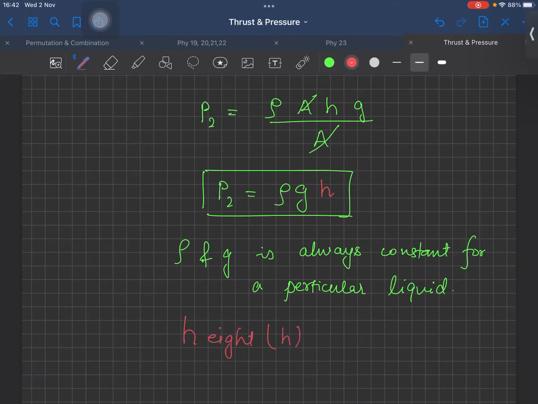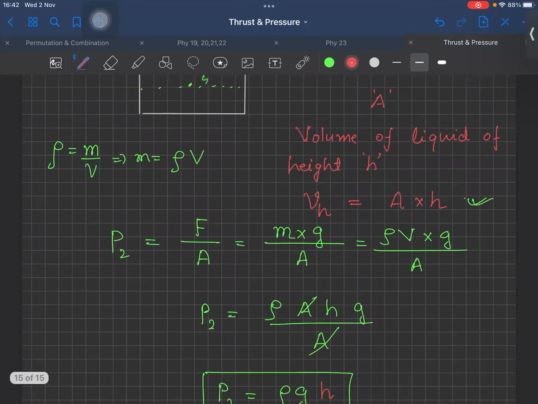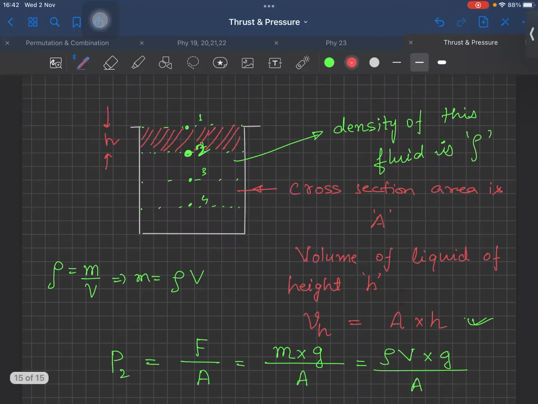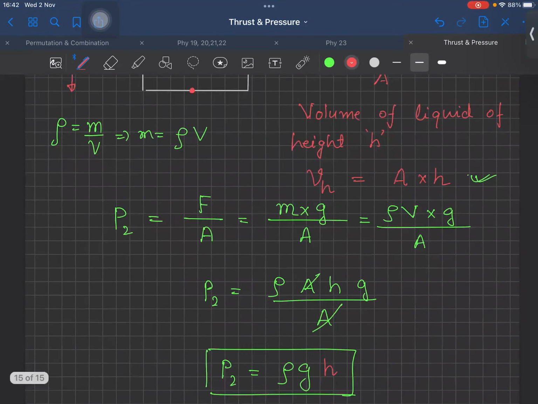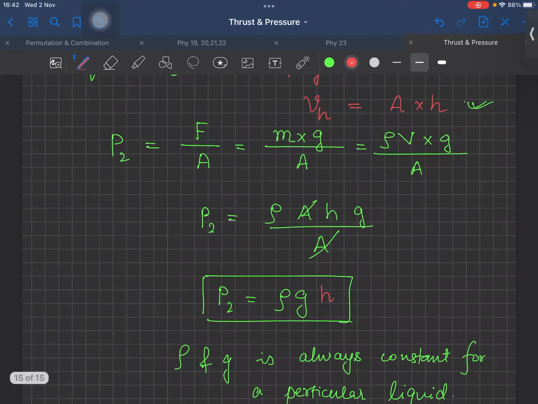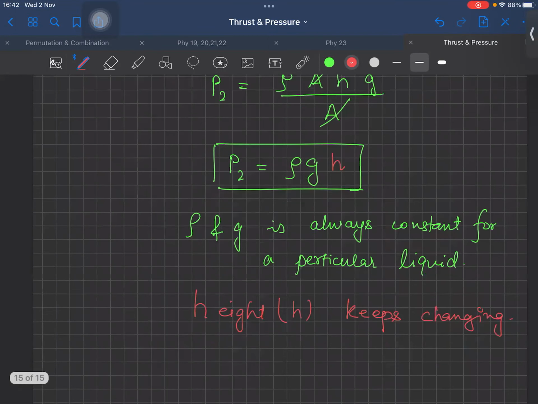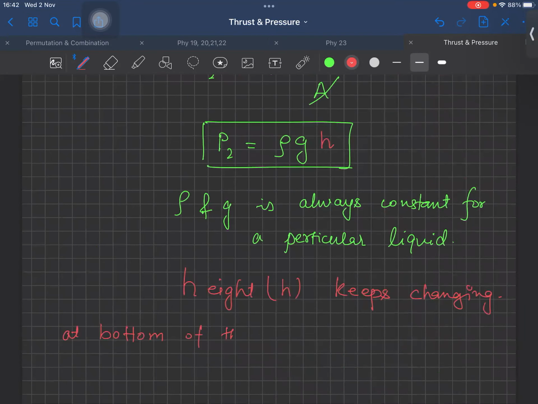Height h keeps changing, isn't it? So let's say at the bottom, the height is capital H. What will be the pressure at the bottom of the vessel?